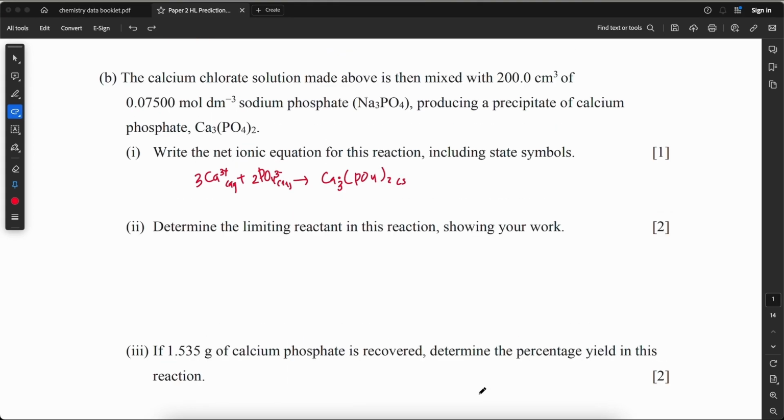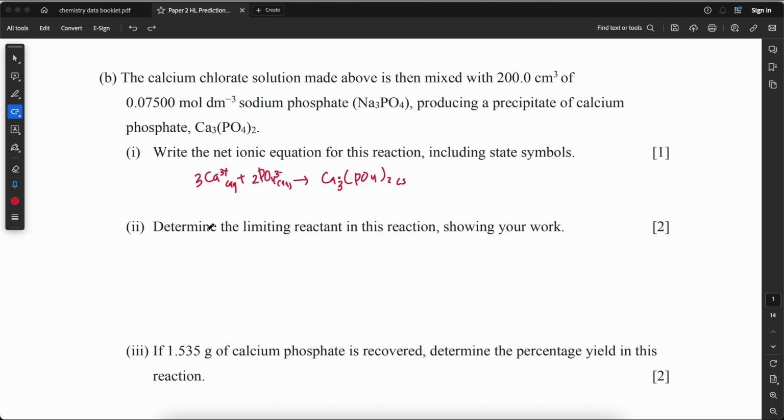Determine the limiting reactant in this reaction, showing your work. So there is a reaction between calcium chlorate with sodium phosphate, producing calcium phosphate and sodium chlorate.